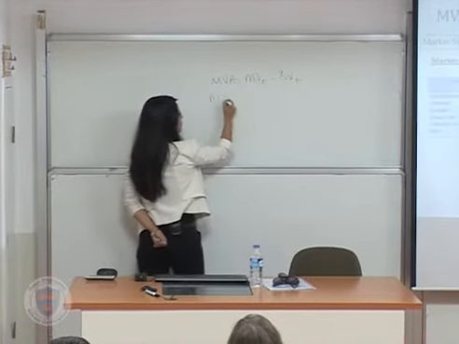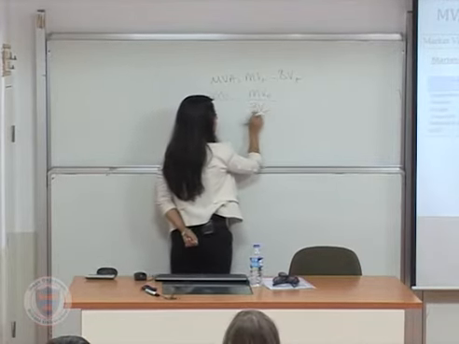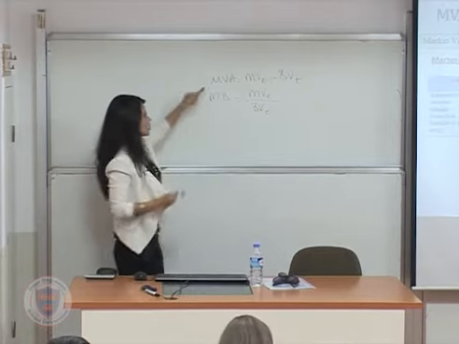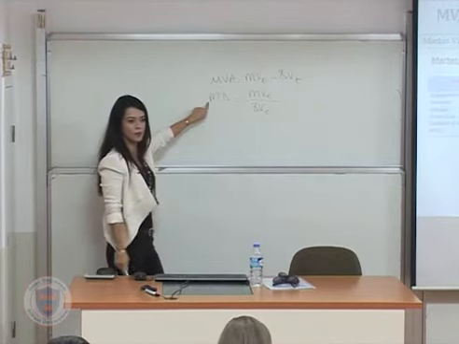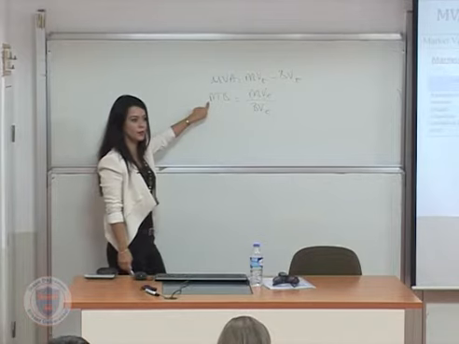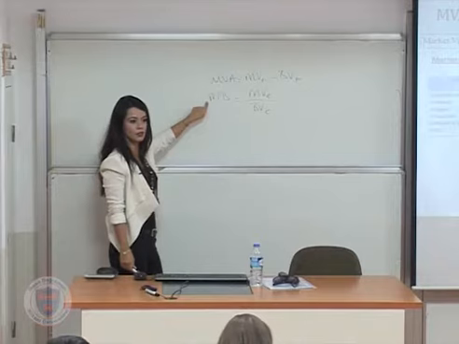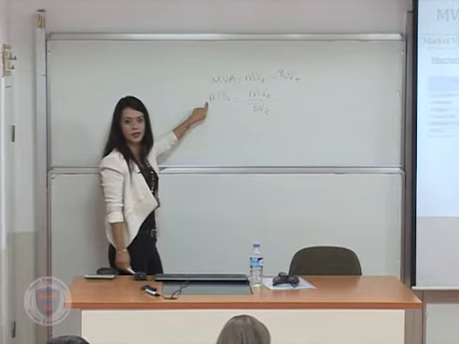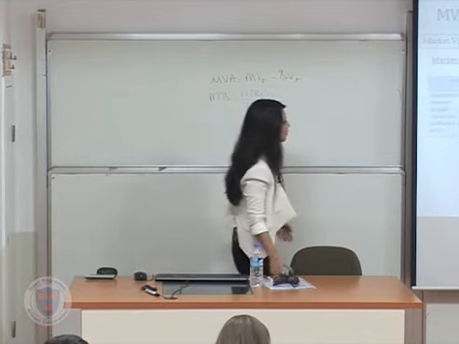Market to book ratio is market value of equity over book value of equity. So if this is positive, then this should be what? Mathematically, if this is positive, this should be higher than 1. Exactly. So they're correlated, let's say.